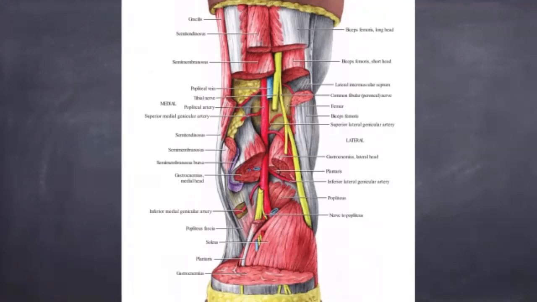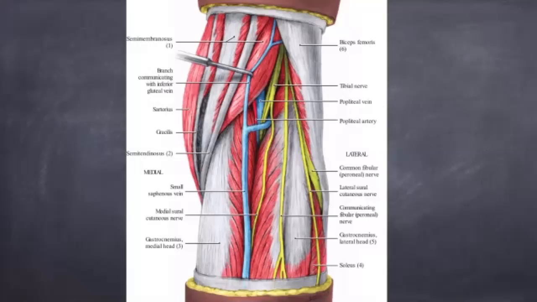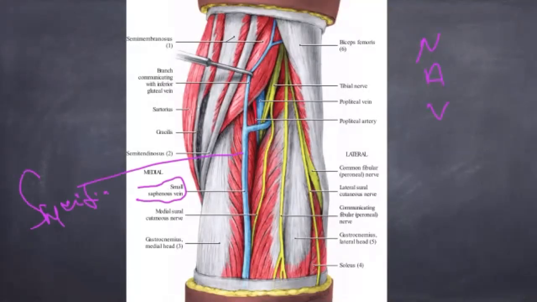You see, these are the contents. Contents of the popliteal fossa are nerve, artery, and vein. Superficially, the popliteal fossa is crossed by the small saphenous vein. You see here, small saphenous vein, but this is the superficial structure.